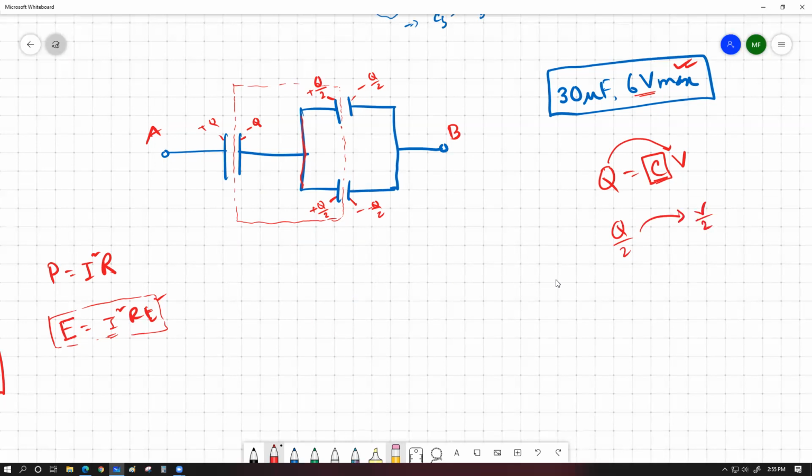Which brings me to the idea that if this capacitor by its own has a voltage of V across it, then across this parallel combination, the voltage is going to be V by 2. এই পার্টটা বুঝা যাচ্ছে কিনা?